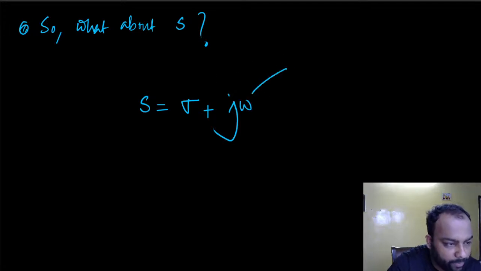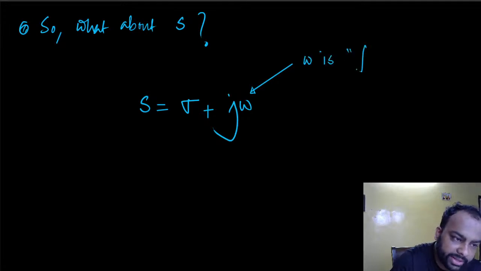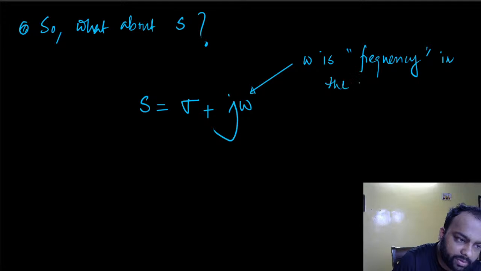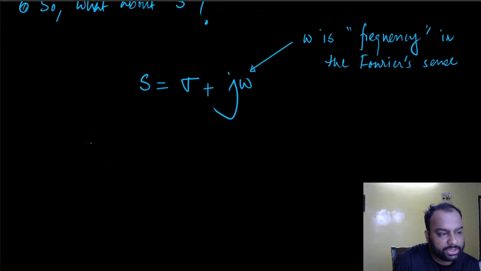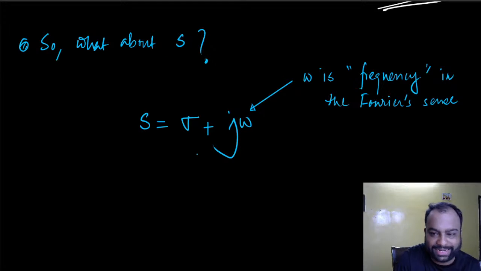We know that omega is frequency in the Fourier sense, and of course j is nothing other than a factor.